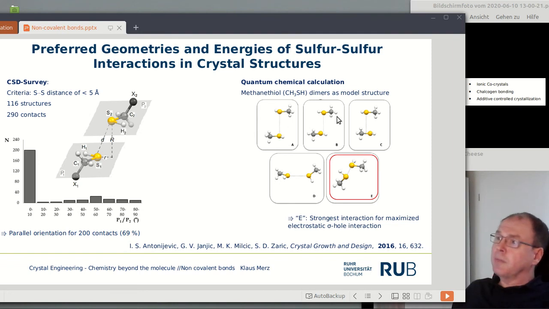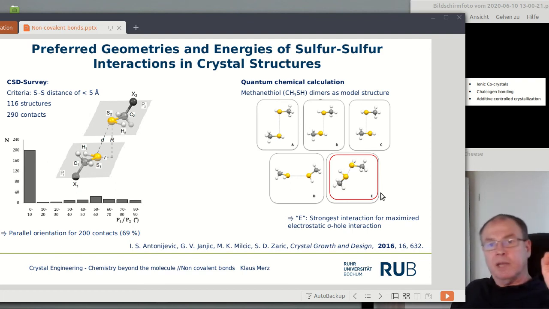Once again, here is a parallel orientation. And this is exactly the B type, no? And from the theoretical calculation, it turned out very nicely that orientation E should be the preferred orientation.